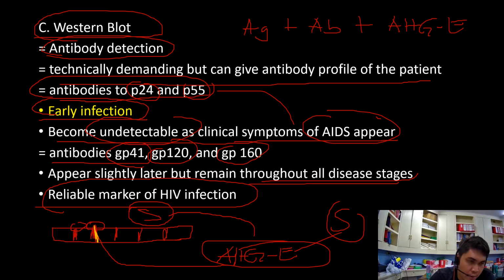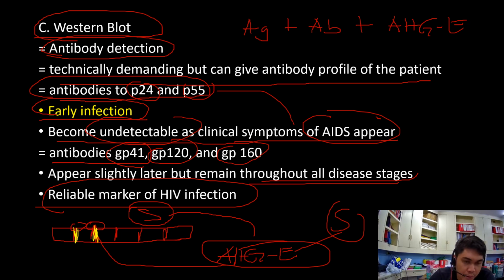It's because of the reaction of the substrate and the enzyme. So if there is color development in this area, or chromogen produced, it means the patient specimen contains anti-P24 and anti-P55, which is an indication of early infection. I'll repeat.